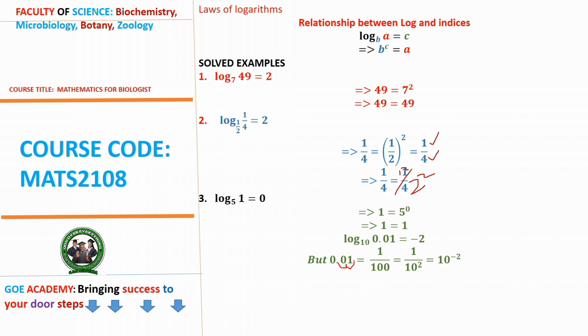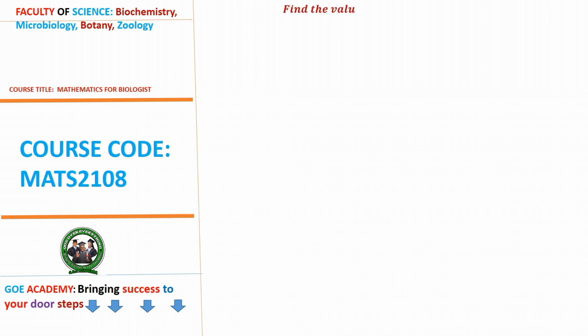So we have 1.0 times 10 to the power minus 2, which is the same as 10 to the power minus 2, or you can simplify it in this form: 1 on 100. And 1 on 100 is, from the law of negative powers, 10 to the power minus 2. So that implies that log of 10 to the power minus 2 base 10 equals minus 2. And you should be able to see that 10 to the power minus 2 equals 10 to the power minus 2. And that's it. So let's proceed.